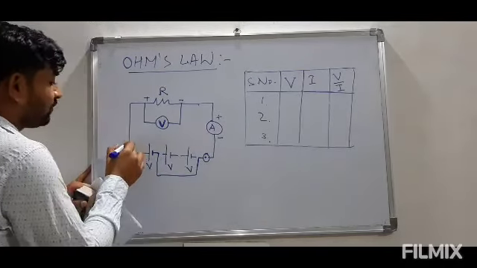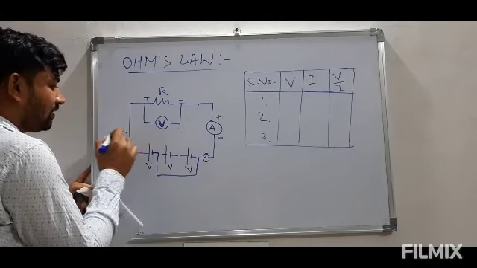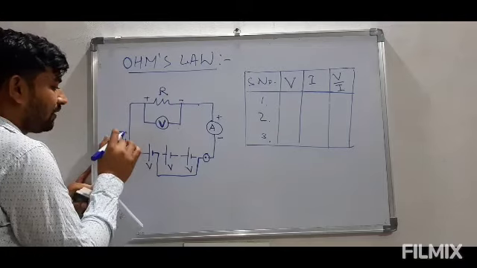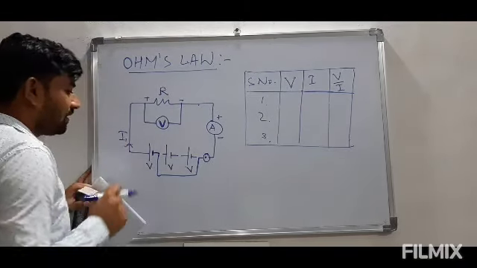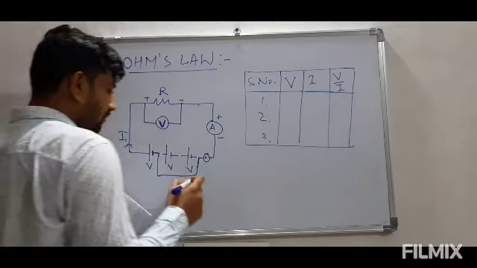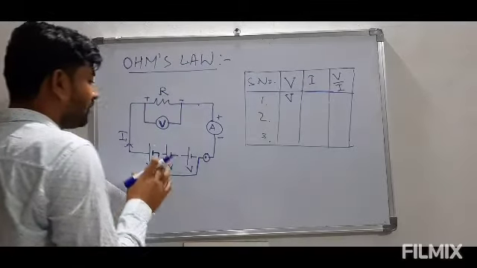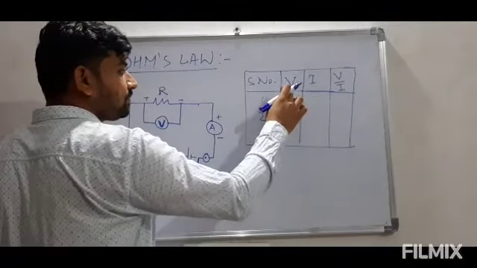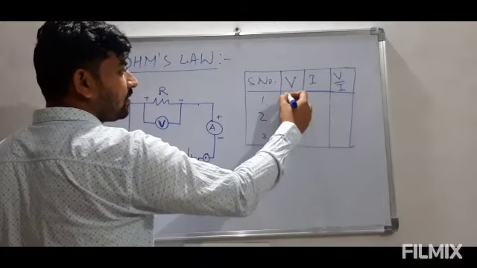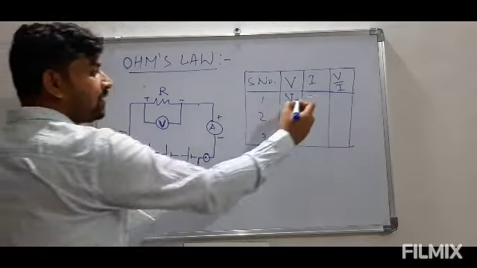The current which will start flowing when the switch is on, let us call it I1. So when only one battery is taken, the potential difference across the resistor is V, and the current is I1.